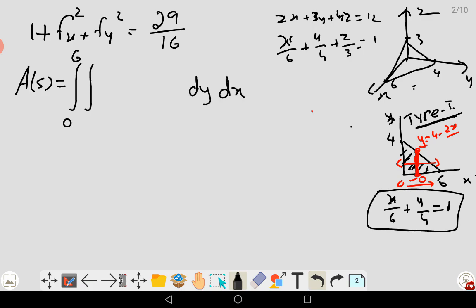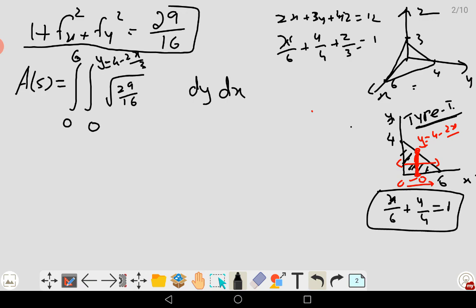So the outer integration is with respect to x. Inner integral y is from 0 to 4 minus 2x over 3. Now this term, square root of 29 over 16, and then dA.